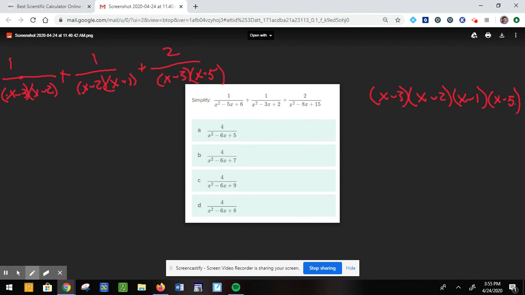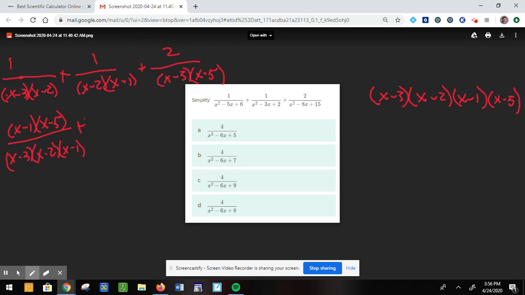Now you're going to figure out what each fraction needs in order to make it that common denominator. So the first one has an x minus 3 and an x minus 2. It doesn't have the x minus 1 and the x minus 5. So the x minus 1 times x minus 5, all over x minus 3 times x minus 2 times x minus 1.